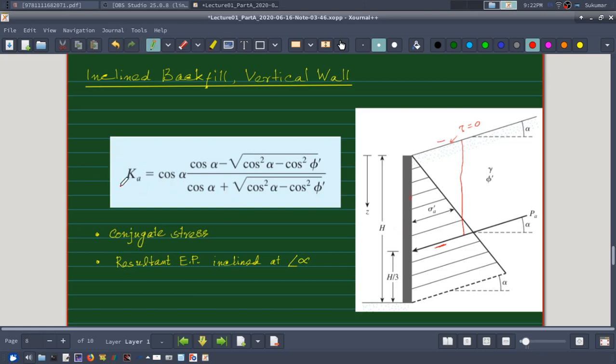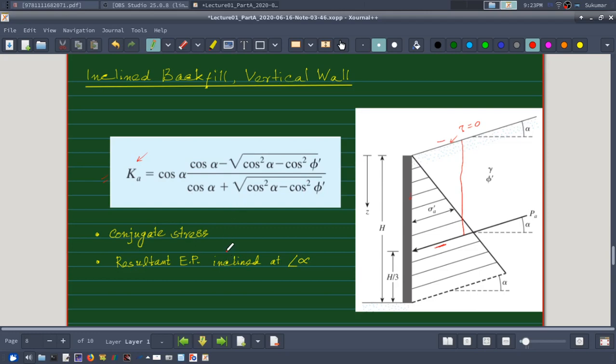The coefficient of active earth pressure for inclined backfill is this: Ka equals cos alpha times cos alpha minus root over cos square alpha minus cos square phi, divided by cos alpha plus root over cos square alpha minus cos square phi, if it is cohesionless soil.